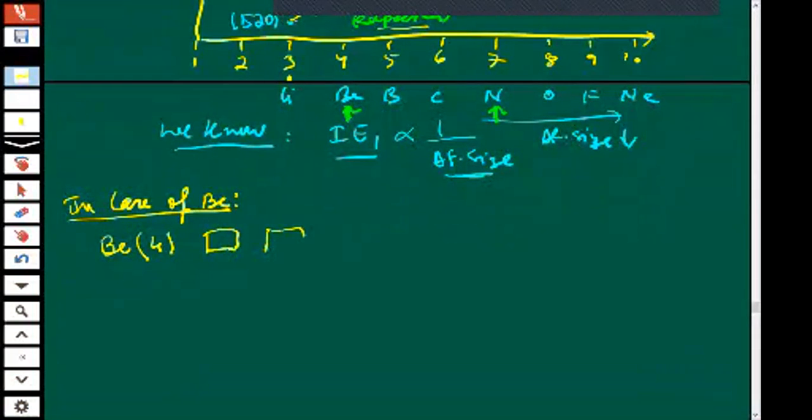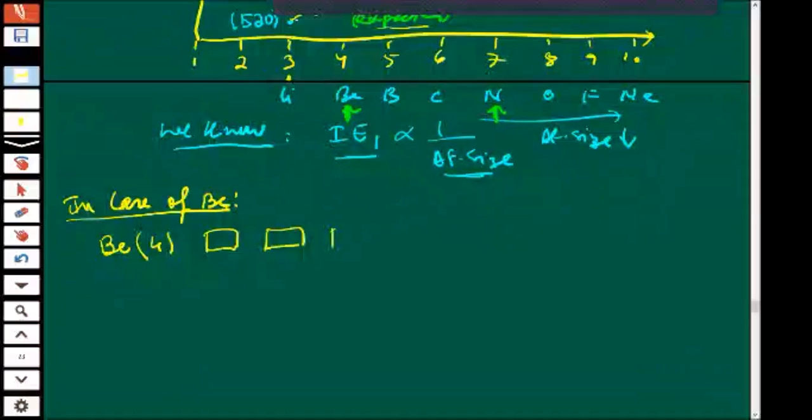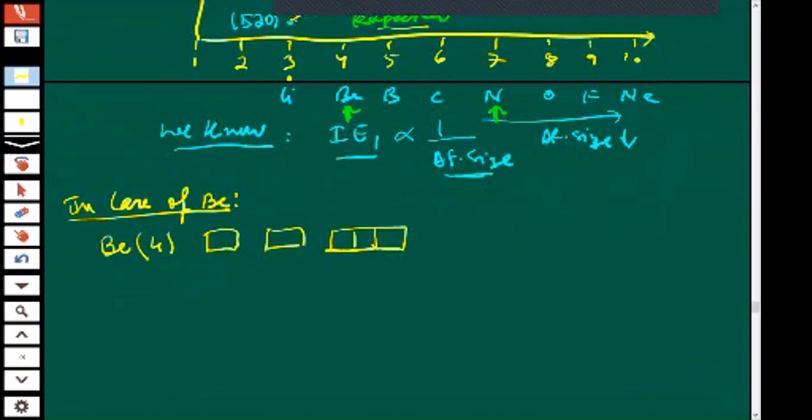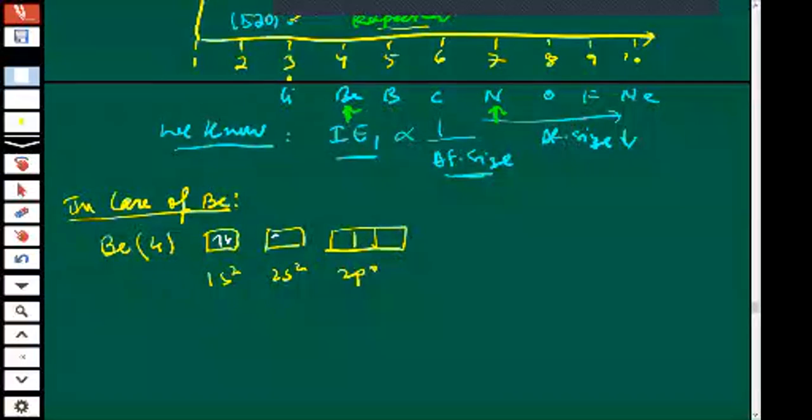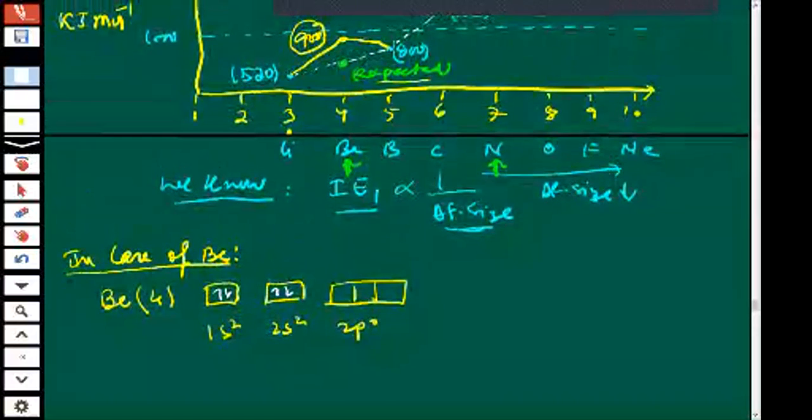So this is the electronic configuration of beryllium: 1s2, 2s2, 2p0. So when we try to remove an electron from beryllium, we have to remove it from s.